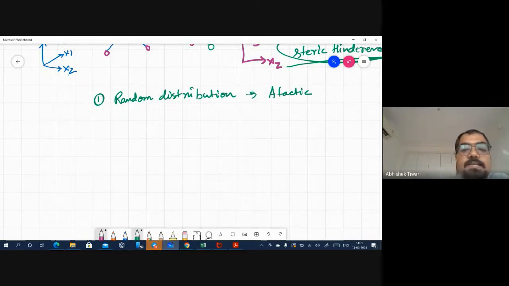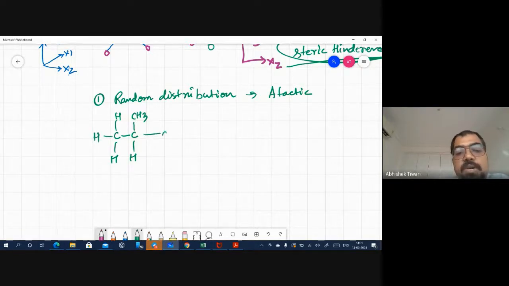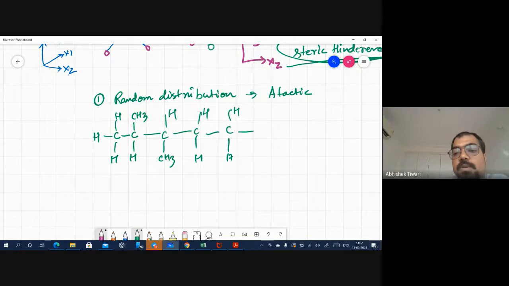So in this case, let us say we have polypropylene, so then we will have CH3 here, and hydrogen, another hydrogen here, and then just out of randomness I can have the next CH3 there, and then maybe not here, maybe here.